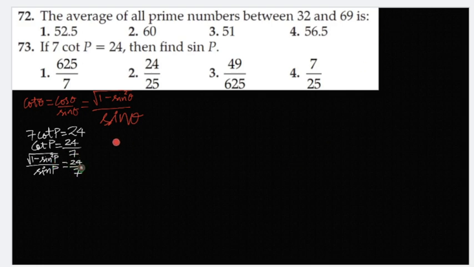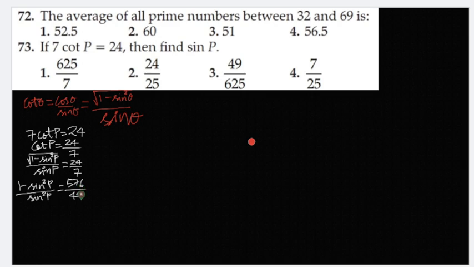Now to remove this square root, we can square on both sides. So here we will be squaring and here also we will be squaring. So then what we will get? We will get 1 minus sin square P divided by sin square P will be equal to, what is 24 square? 24 square is 576 divided by, what is 7 square? It is 49.